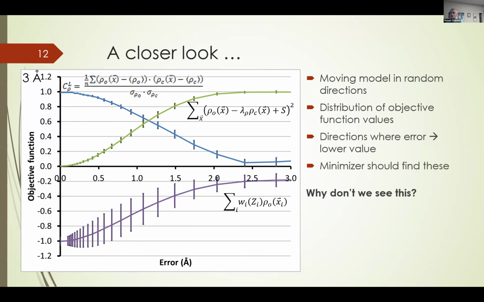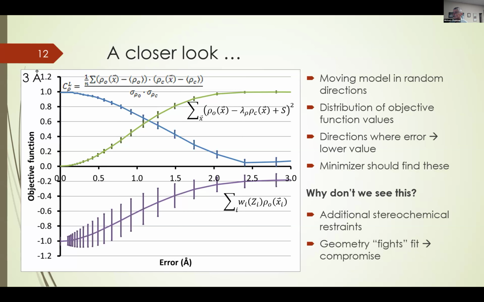Now, we don't actually see this when we do refinements in practice. And why not? It's because usually we've got additional stereochemical restraints that are also in play. And so if we move a group of atoms to a place that's not exactly where they should be, we're going to have geometry fighting that.